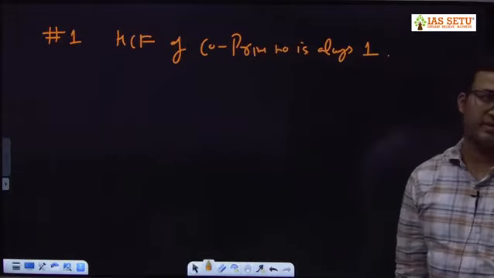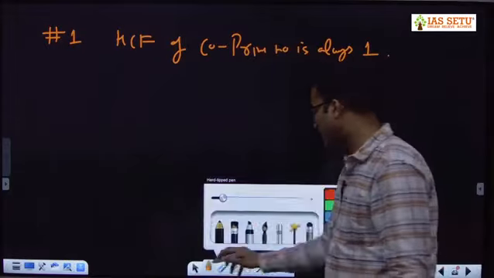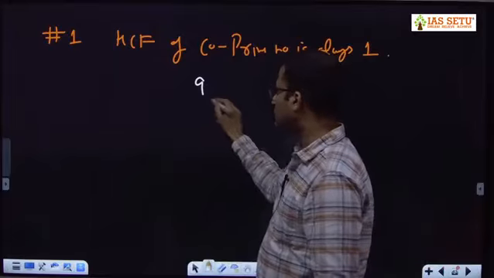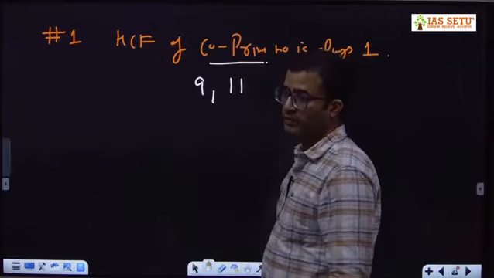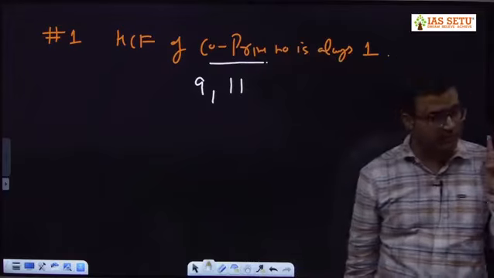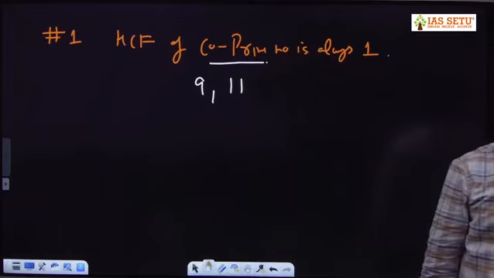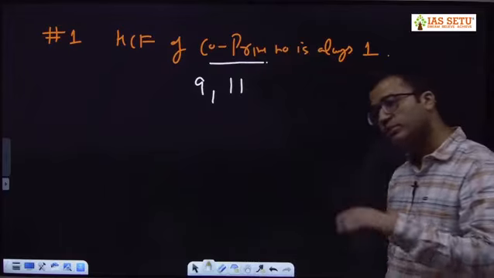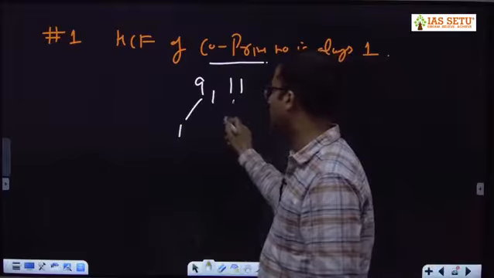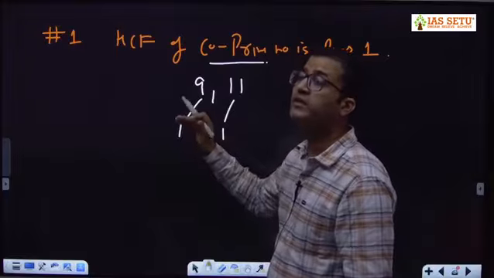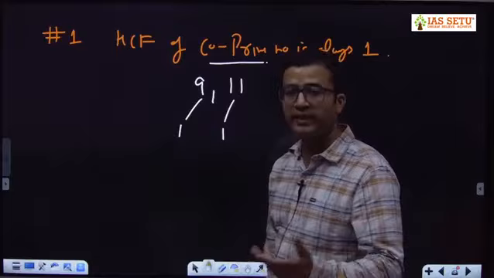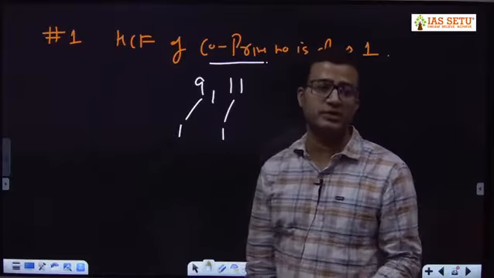The HCF of co-prime numbers is always 1, like 9 and 10. What is the definition of co-prime? Two natural numbers A and B are said to be co-prime if they have only 1 as a common factor. When the common factor between them is only 1, then how can the highest common factor be other than 1? When the common factor is 1, that 1 itself will be the highest common factor.